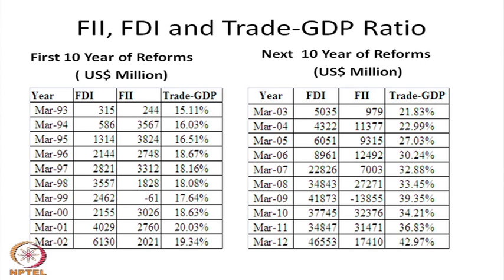In India, we liberalized the economy in 92-93, and from 92-93 to 2002 is ten years of integration, and 2003 to 2012 is another ten years of integration. So, the Indian economy since 93 has passed through 20 years.